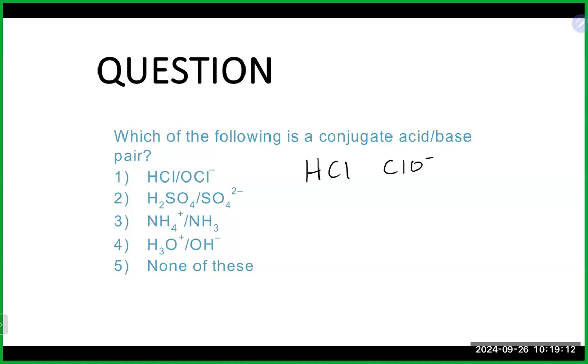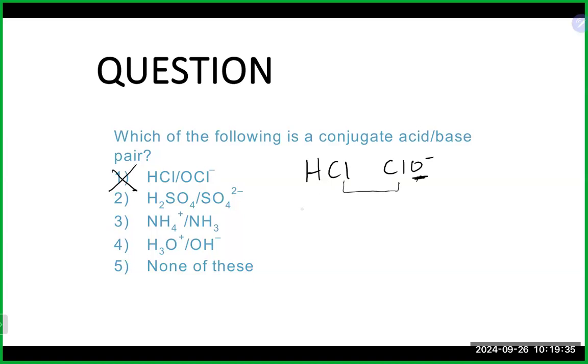In this case, the difference is one H plus, right? But it's also a difference of oxygen that the other one doesn't have. So these would not be pairs. Again, the difference there is more than one H plus and/or something else, so it cannot be.